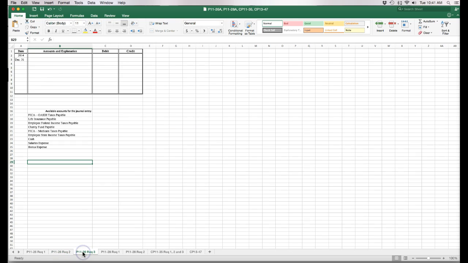In requirement 3, we're looking at the journal entry. And the journal entry is going to be pretty much the same as requirement 1. You're going to use the same numbers as from requirement 1, but you want to follow the example on page 675.